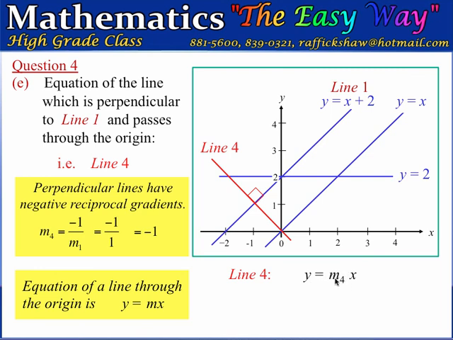And we have calculated the gradient of line 4 to be negative 1, and so we can substitute negative 1 here for the gradient of line 4. And therefore, the equation of line 4 is y equals minus 1 times x, which is the line y equals minus x. And so that's the answer for part E of the question.